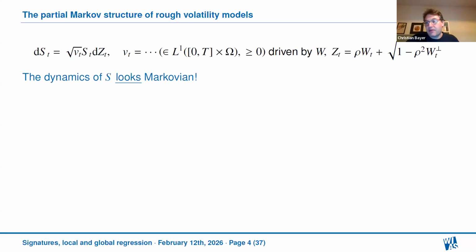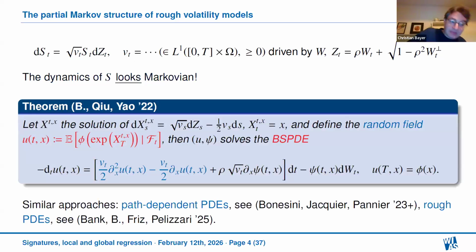So you could think of something much more general than rough volatility. But still, the dynamics of S looks kind of Markovian, and as a matter of fact, you can isolate this quasi-Markovian structure driving the price process, and you will get something like a BSPDE in this sense.